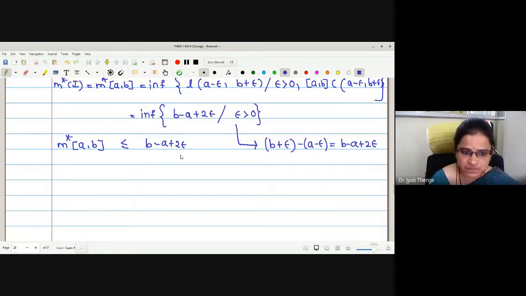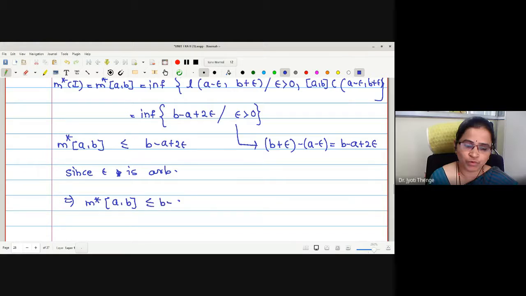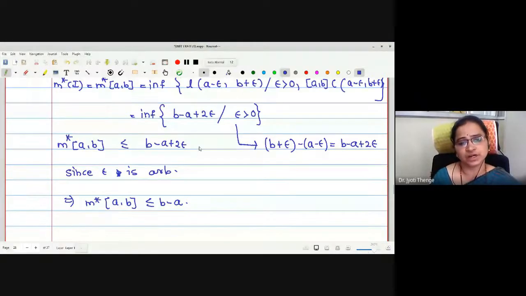Now, since epsilon is arbitrary, may I write m star of the closed interval [a, b] is less than or equal to b minus a? Correct? Because for every positive epsilon it is true, it is equally true for the general value b minus a. Is that okay? Therefore, we have obtained the first part of the inequality.